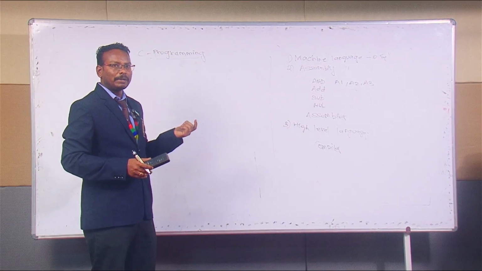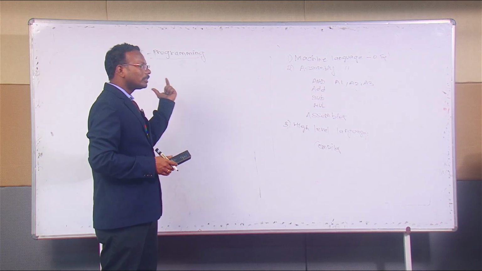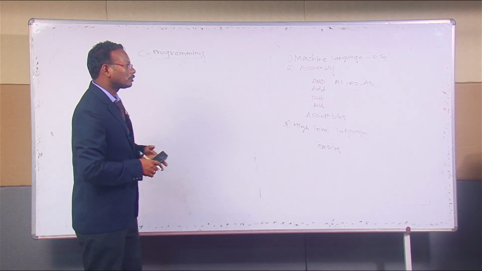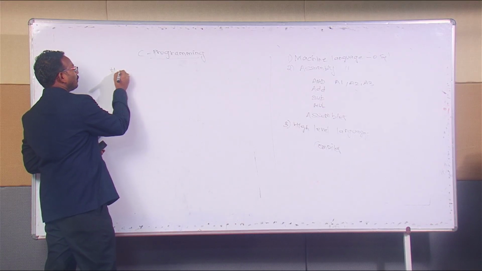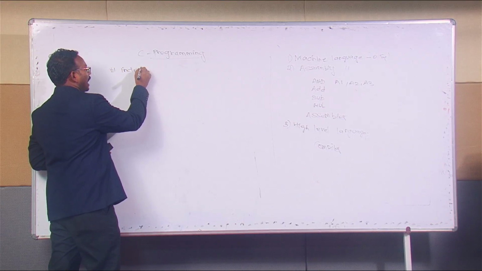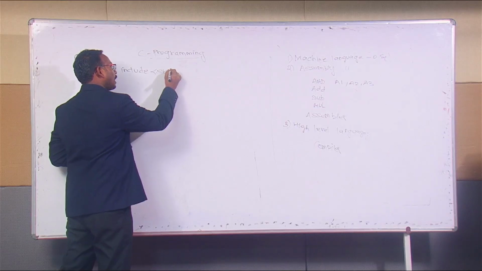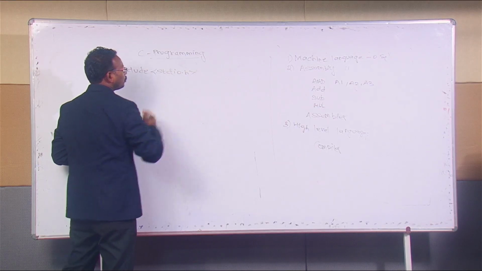This C programming is a procedure oriented language. Why do we say that this is a procedure oriented language? Because it always starts with the header file, hash include stdio.h, standard input output.h.